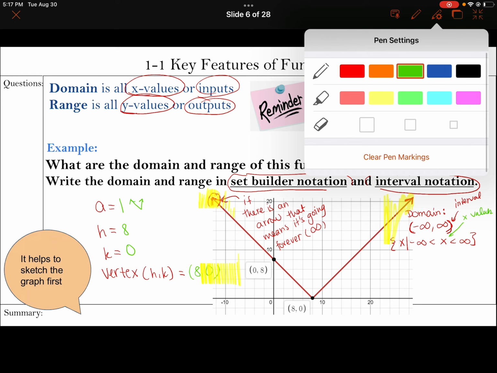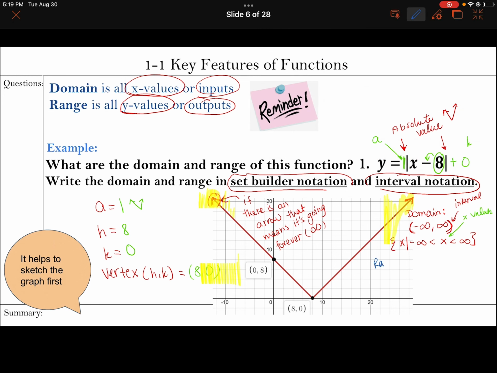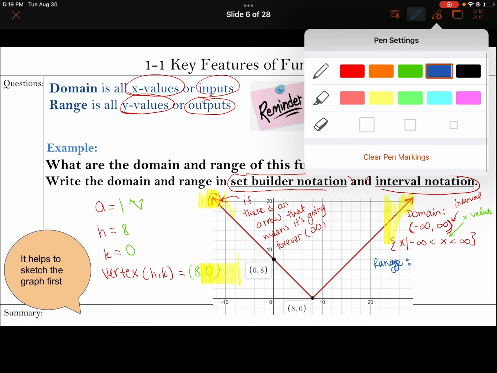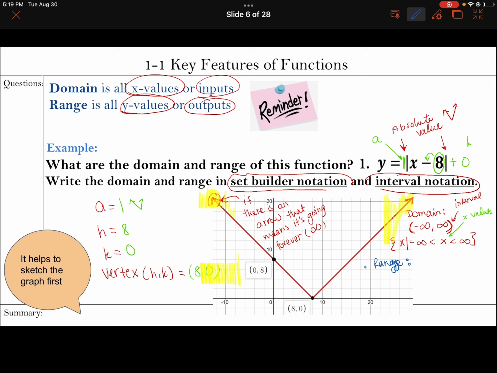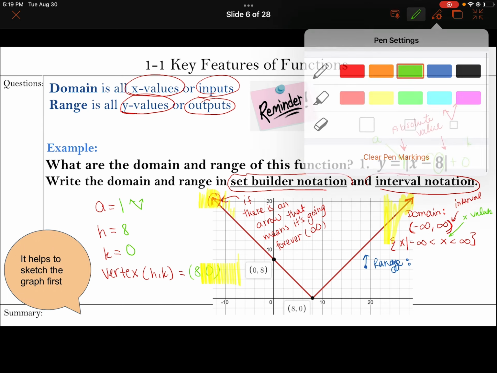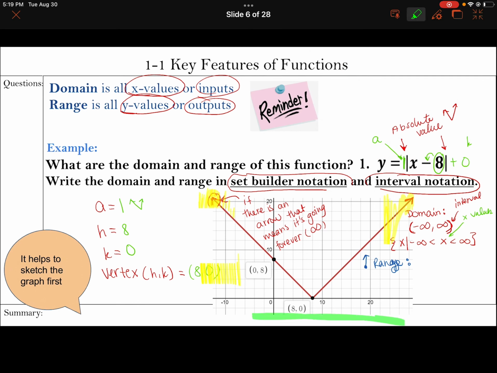So next up we have our range. So for range, we are going to scan from down up. So I'm going to start at the bottom over here, looking at my y values. So now I'm about to reach my first point.